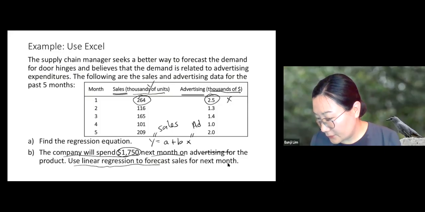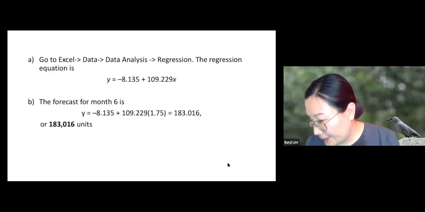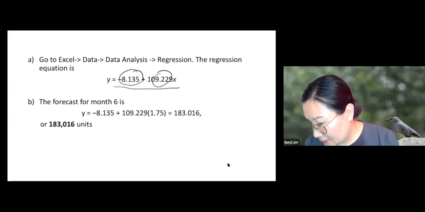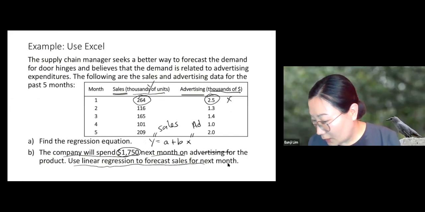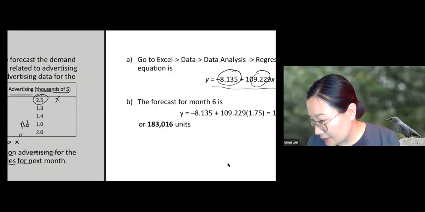Use linear regression to forecast sales for the next month. So we already have the regression equation. This was A, this was B. And the question says the advertising expenditure for next month will be 1,750.